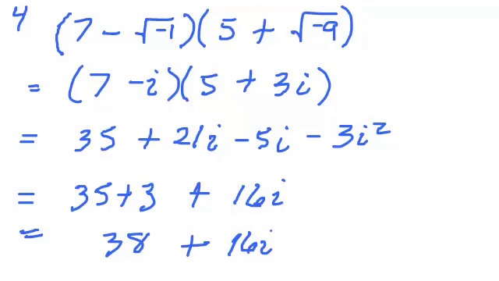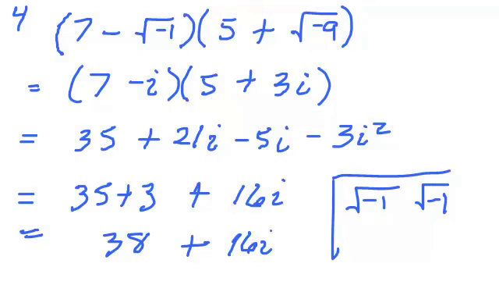38 plus 16i. I want to do a little side note here. And I'll ask the question, is this the same thing? Right, you see that right there? What is this? This is negative 1 times negative 1.